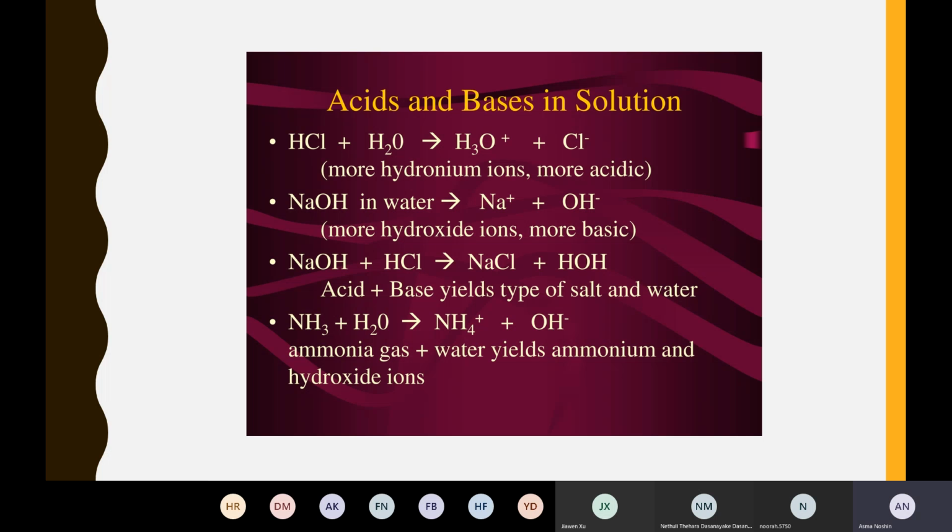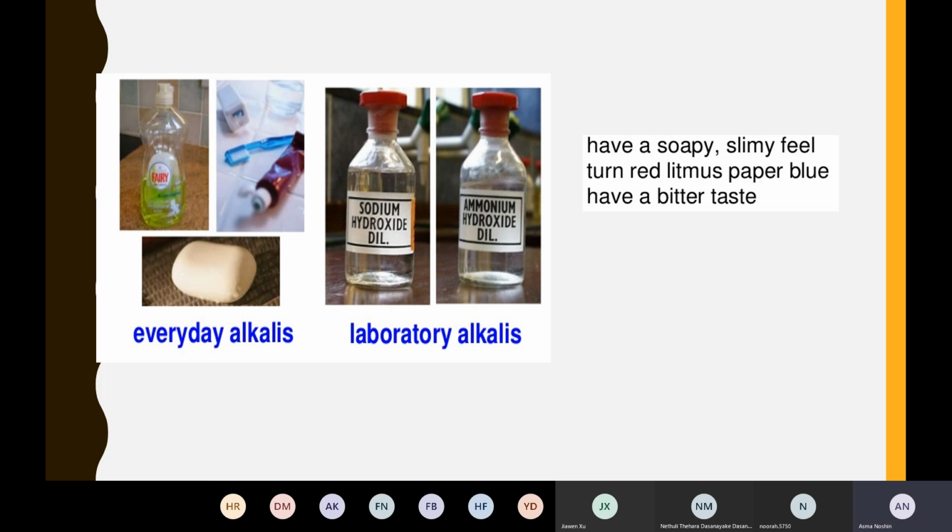Acids and bases in solution. Till here, any confusion? Anything you want to ask, I will proceed after this. Anything like how to differentiate between acids, bases, and alkalis?